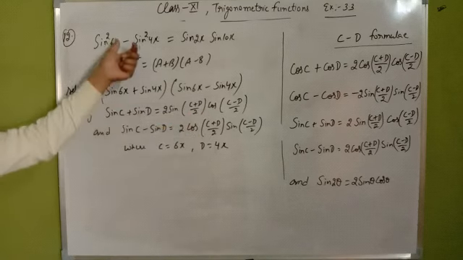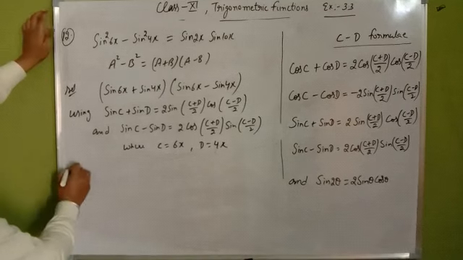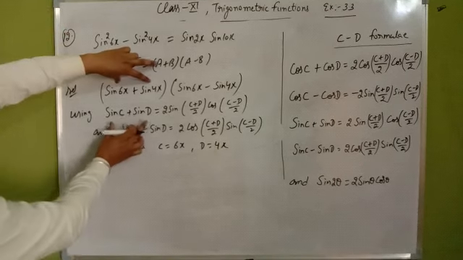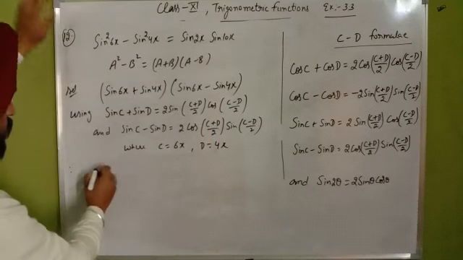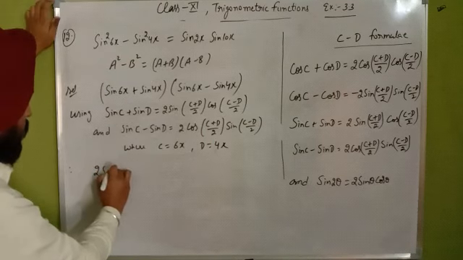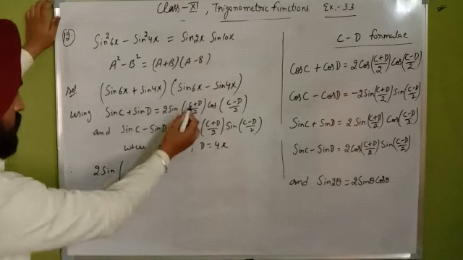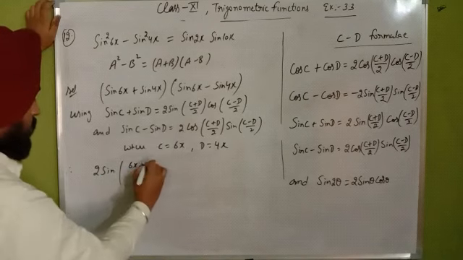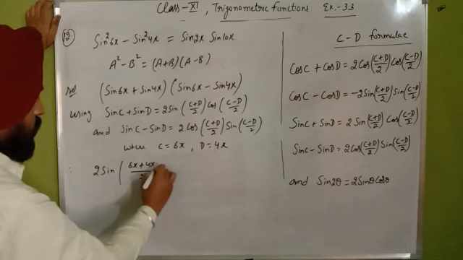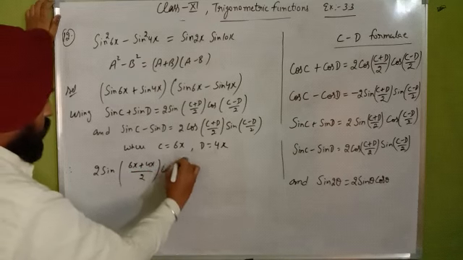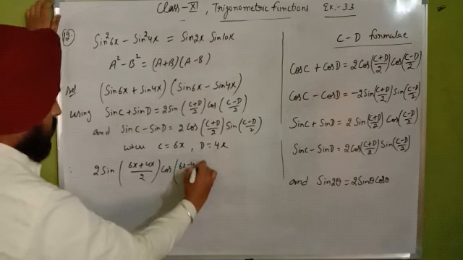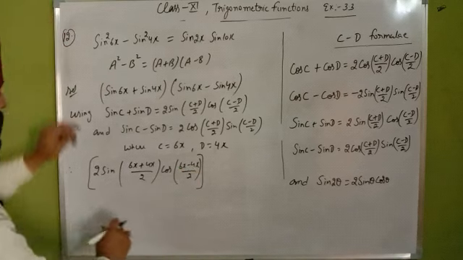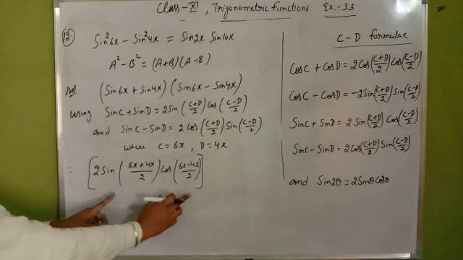So I am directly applying them. Sine 6x plus sine 4x, using this identity, can be written as 2 sine of 6x plus 4x upon 2 into cos of 6x minus 4x upon 2. Clear? That is the value for sine 6x plus sine 4x.